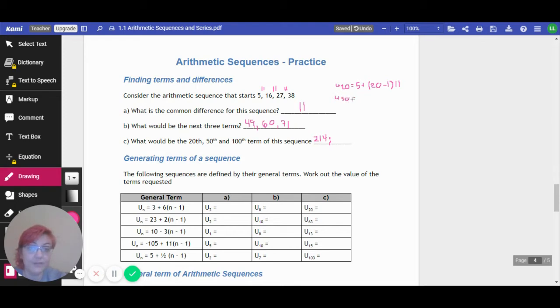Now my n is 50, so it's going to be 5 plus 50 minus 1 times 11. On my calculator, 544.